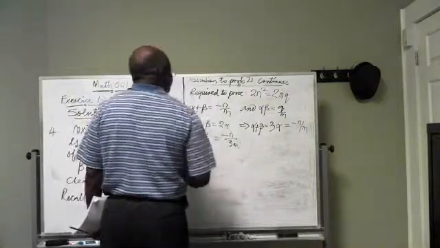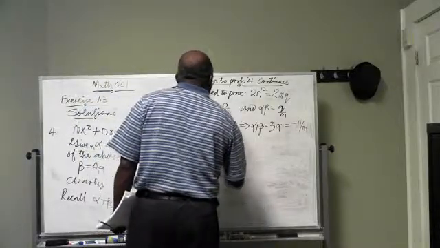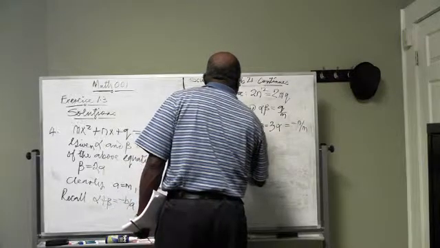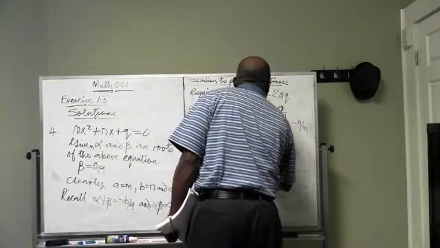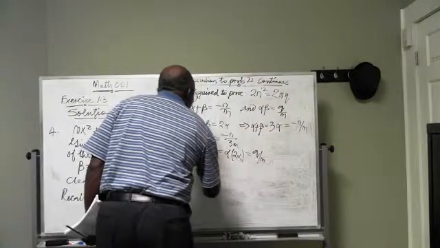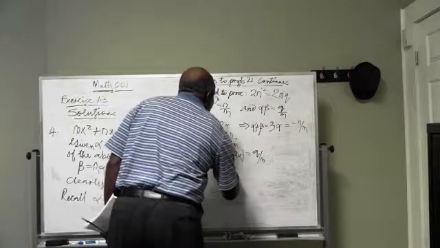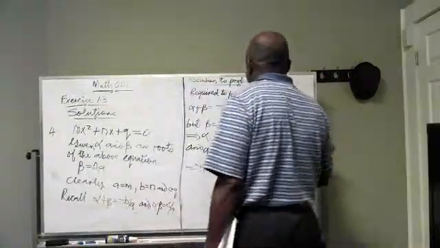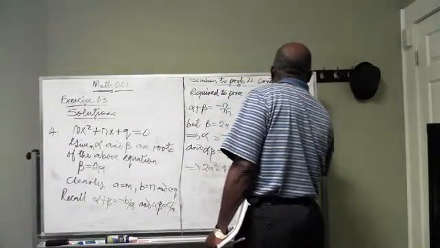And from the product of roots, alpha beta equals alpha into 2 alpha, which is equal to q over m. This implies 2 alpha squared is equal to q over m. Let this be our equation 1.